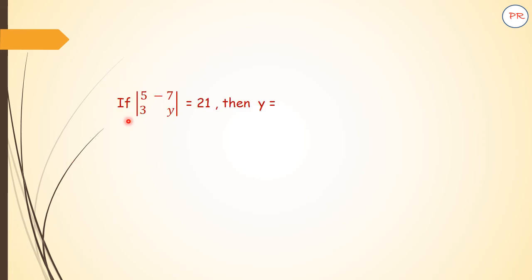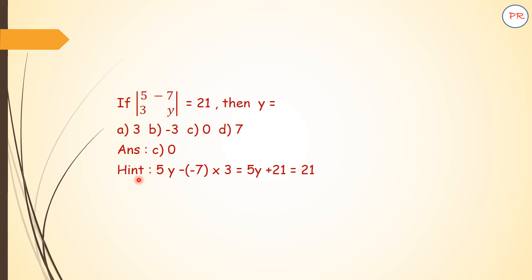Next question. If the determinant 5, minus 7, 3, y is equal to 21, then y is equal to how much? Options are A 3, B minus 3, C 0, D 7. Answer is C 0. For this, you have to solve this determinant. Let us see how to solve.